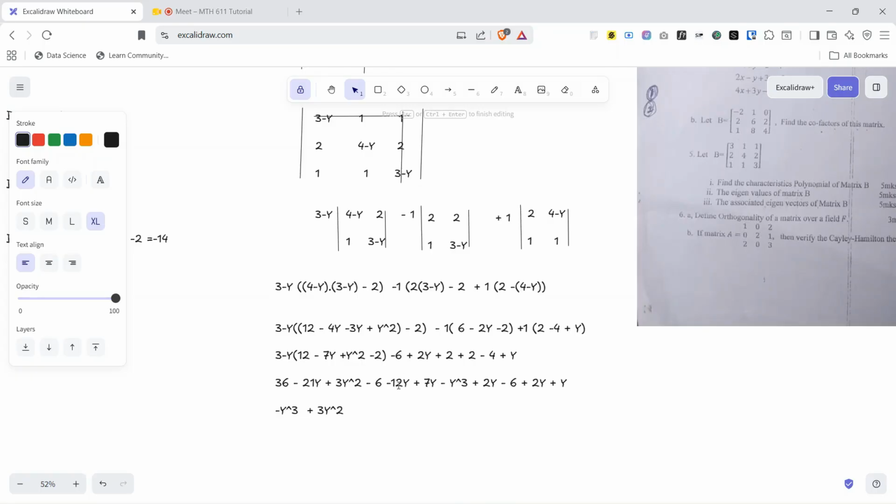Minus 12 plus 7, that's minus 5. Minus 5 plus 2y, that is minus 3, right? So minus 3 plus this one will be 3 plus 3 lambda.